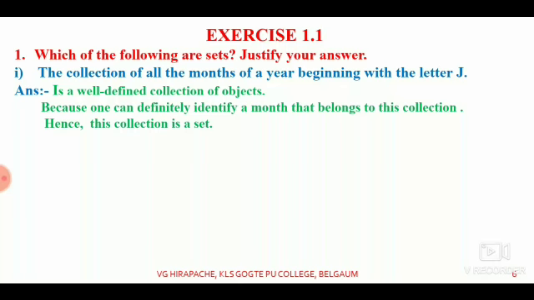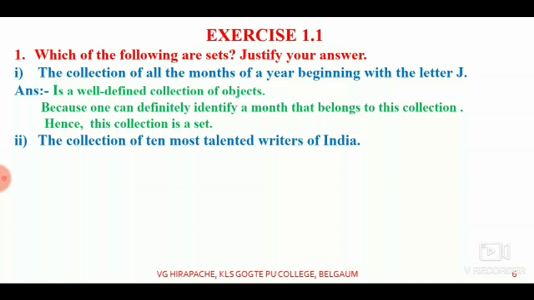Hence, this collection is a set. Dear students, in the examination you have to write whether it is a well-defined collection of objects or not, whether it is a set or not. If yes, you have to justify your answer by writing the reason for this, because there are months which begin with the letter J. Hence, this type of collection is called a set.